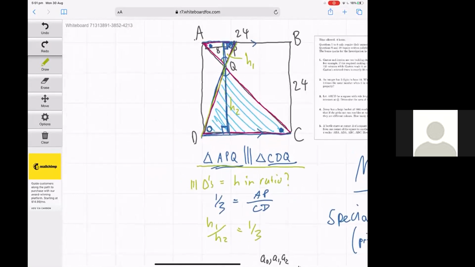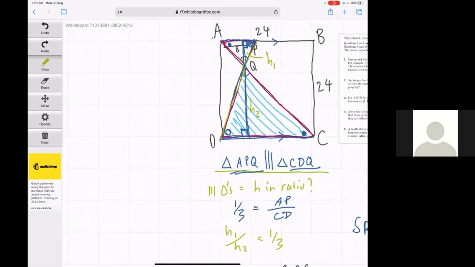I feel like this has come up a lot in the questions that we've done for AIMO, but as a consequence of that, the areas of these triangles are in proportion. Let's see why. The area of APQ, if we call this base 1 and this one base 2, is half B1 height 1.